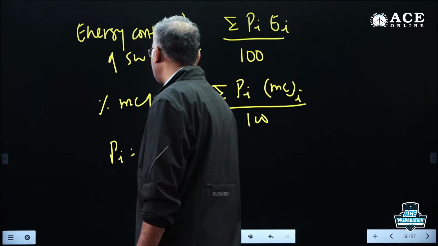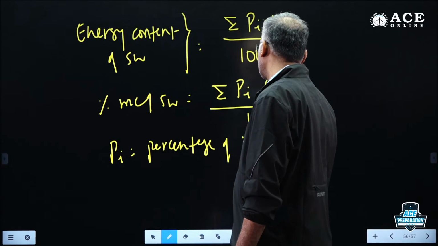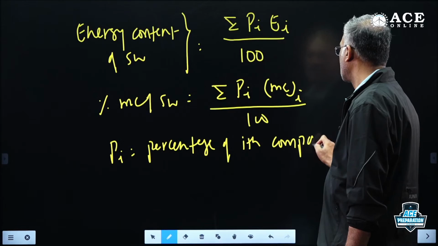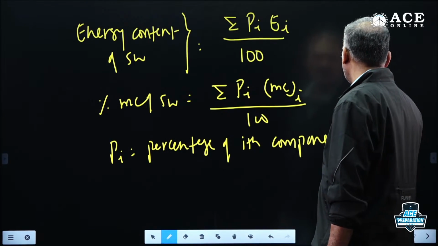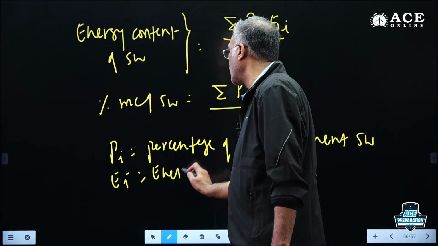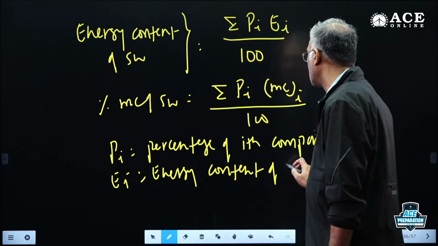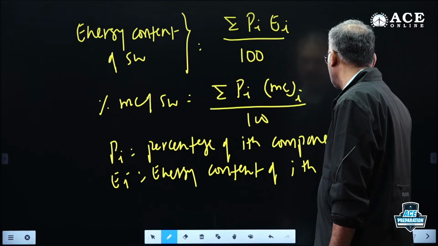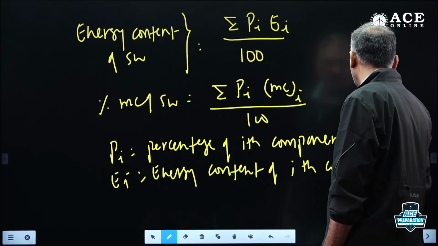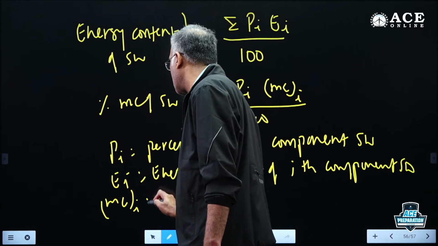Pi is the percentage of the ith component of solid waste, and Ei is the energy content of the ith component. If you sum up all those terms, you will get that. Similarly, the moisture content of the ith component is MCi.